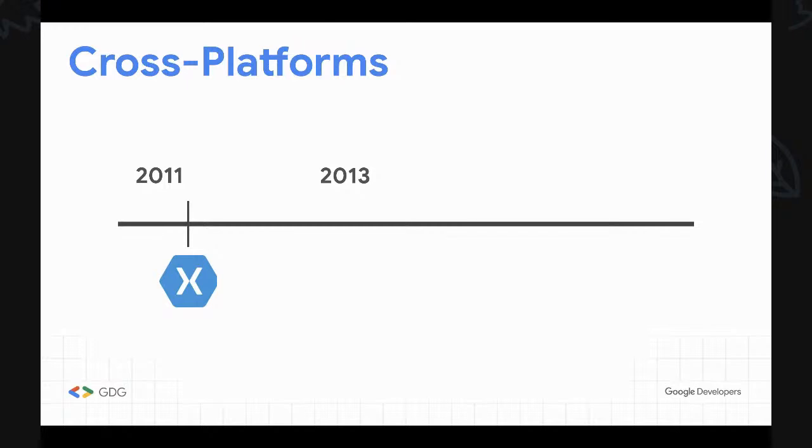Ionic came later in 2013, which is a hybrid mobile app development framework written in JavaScript. Then, in 2015, React Native showed up, which is an open source mobile application framework created by Facebook. It's used to develop applications for Android, iOS, and also web using React.